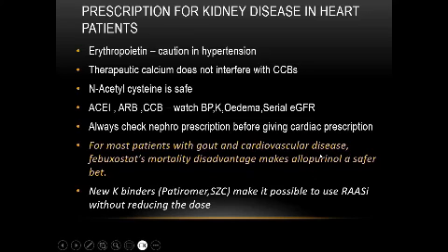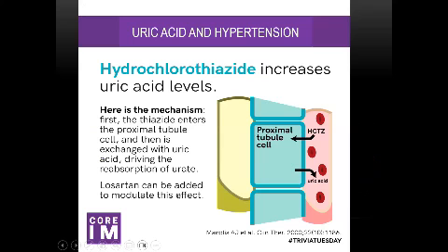So that's why allopurinol is the best drug for lowering uric acid in a patient with heart disease. And of course, the new potassium binders like patiromer and SZC are there. Thereby, you can use ACE inhibitor and ARB without the fear of hyperkalemia.